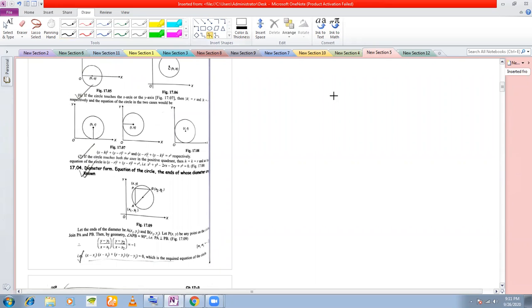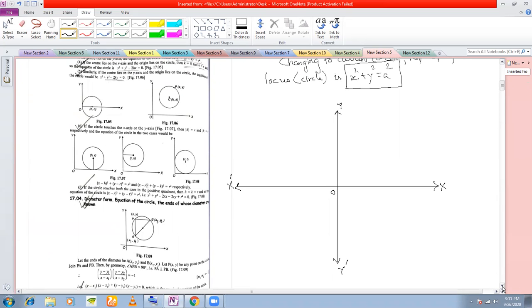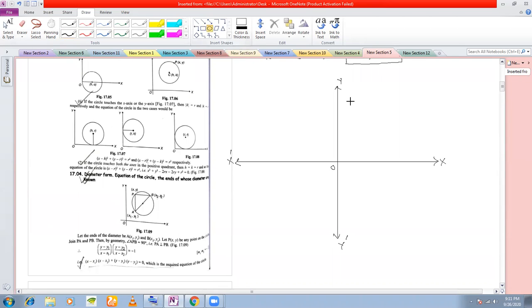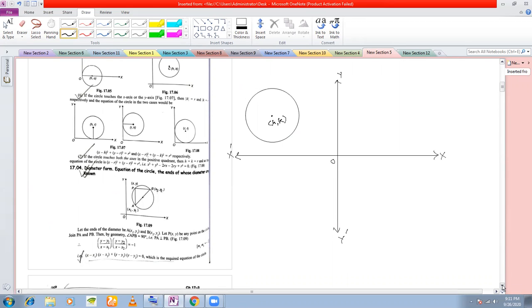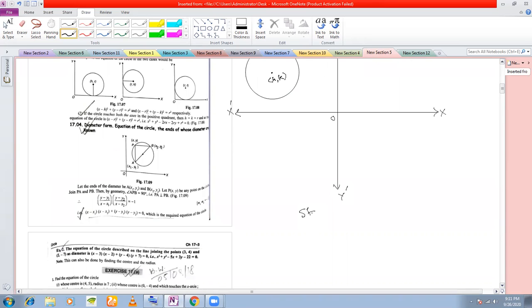What if the center is some other point, say (h, k)? So the standard equation of a circle, let us say the circle is situated here and the center is (h, k), some other point other than the origin. This I am not going to derive.